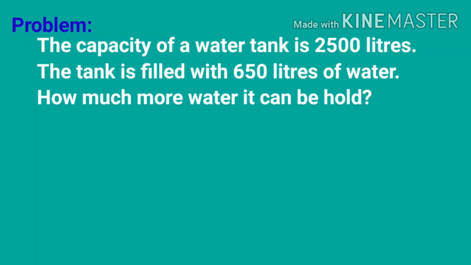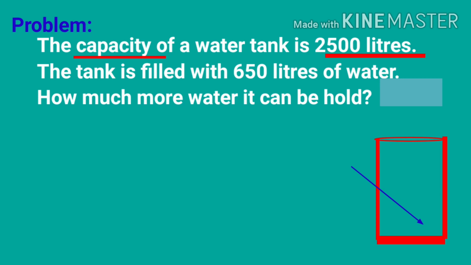The capacity of a water tank is 2500 liters. The tank is filled with 650 liters of water. How much more water can it hold? Here the capacity of the water tank is given. It means the tank can hold 2500 liters of water.